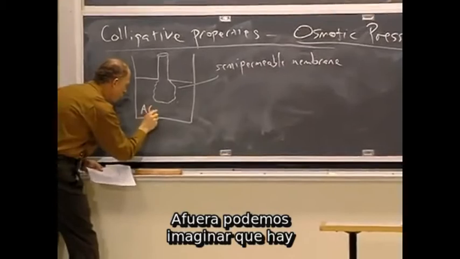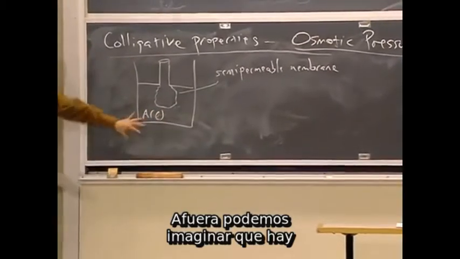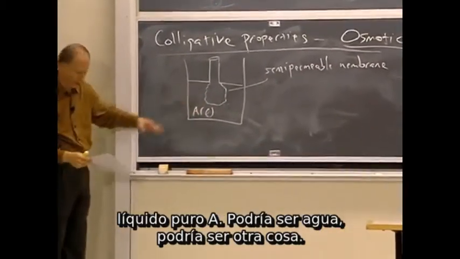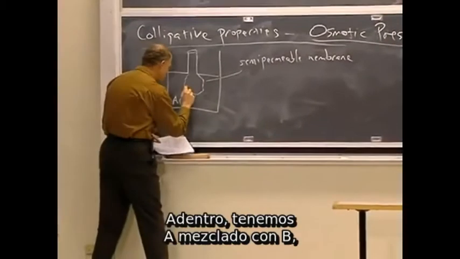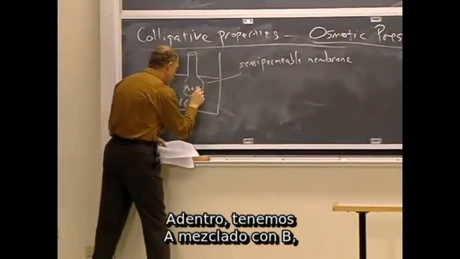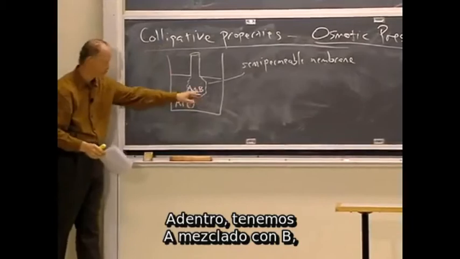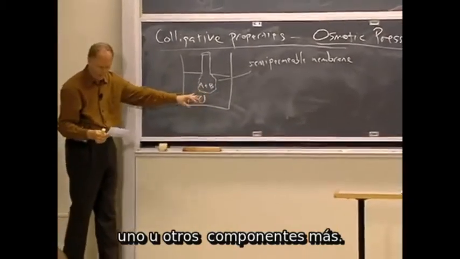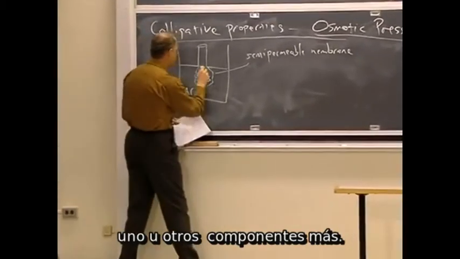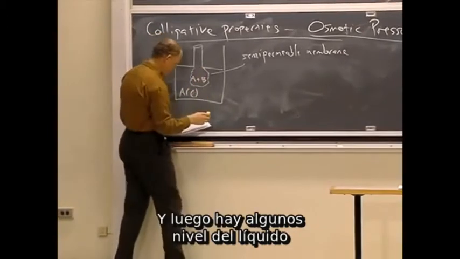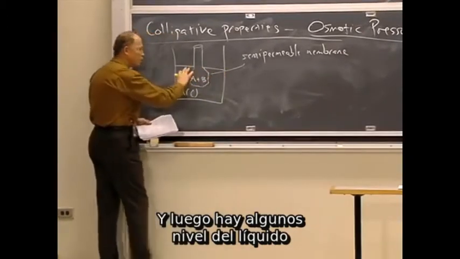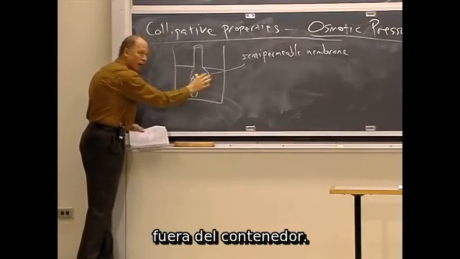Outside, we can imagine that there's pure liquid A, could be water, could be something else. Inside, you've got A mixed with B, one or more other constituents. And then there's some level of the liquid outside the container.